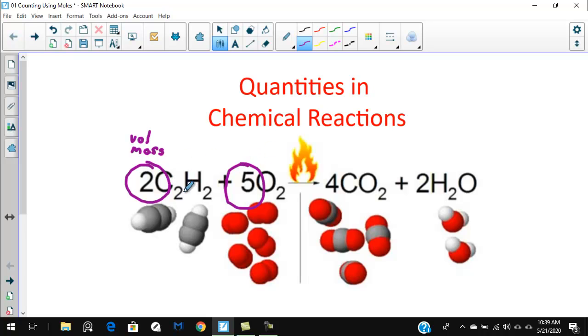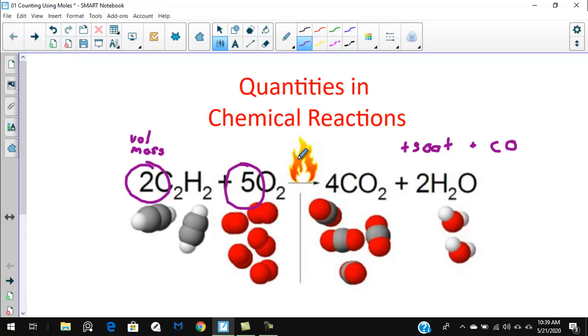If you remember when we talked a little bit about combustion a couple weeks ago, if I don't have these two things in the right combination, a 2 to 5 combination by volume, then I don't get complete combustion like I have here. I'll end up making things like soot, and I'll make things like CO, which is carbon monoxide, and I make a lot less of this.